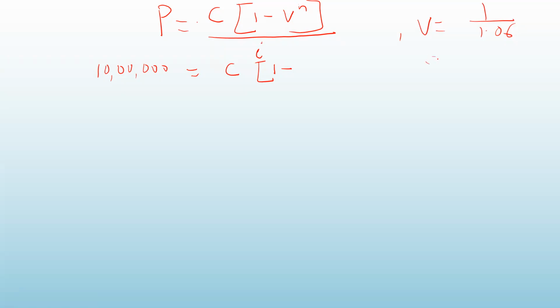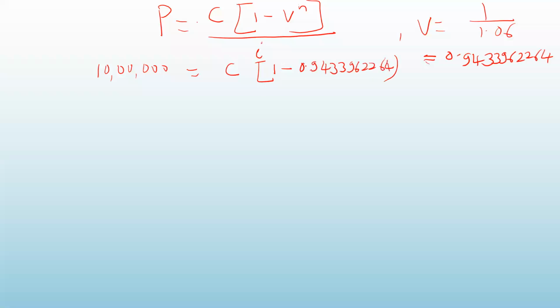You get 0.9433962264. This is what you get, correct? When you divide 1 by 1.06, you get the number 0.9433962264. So you have to take the fourth power of this number.